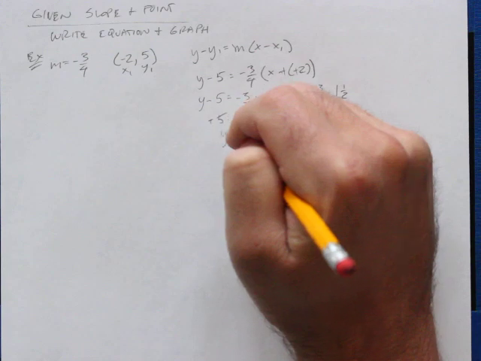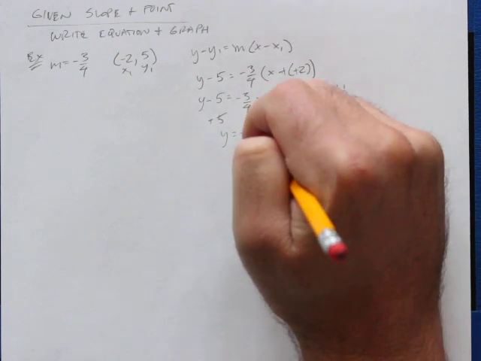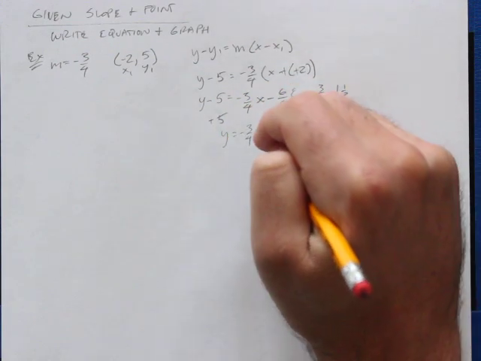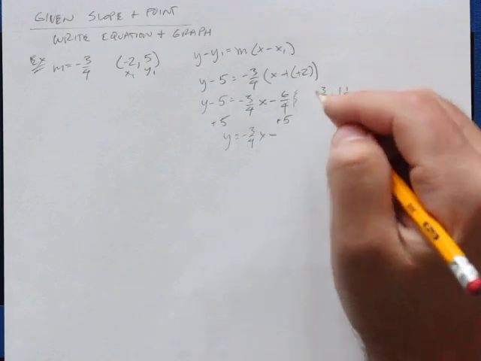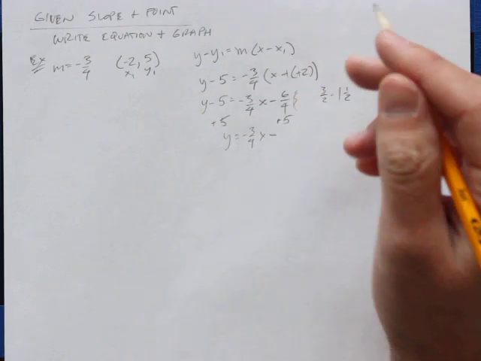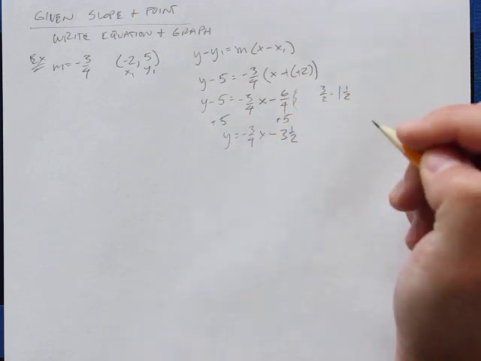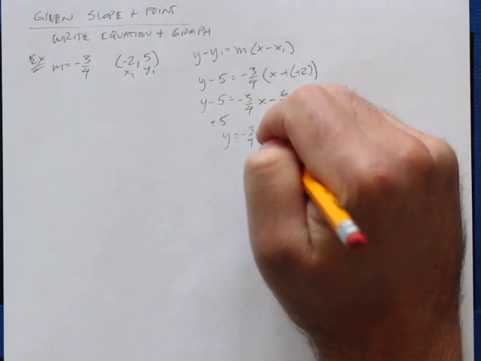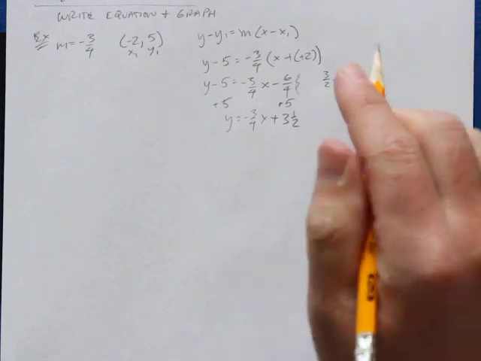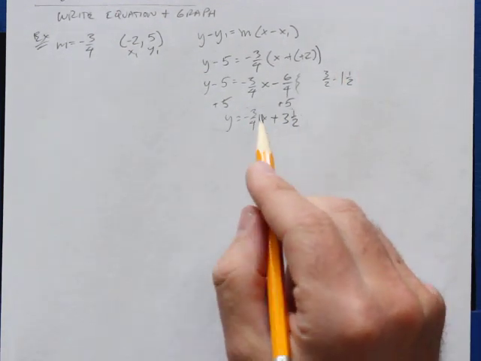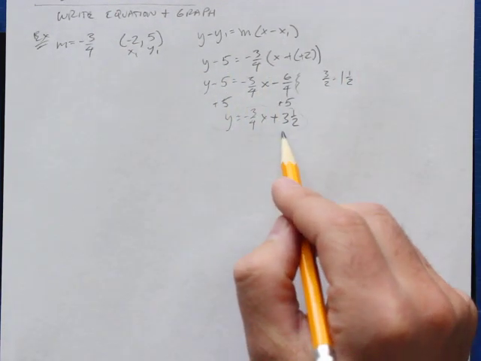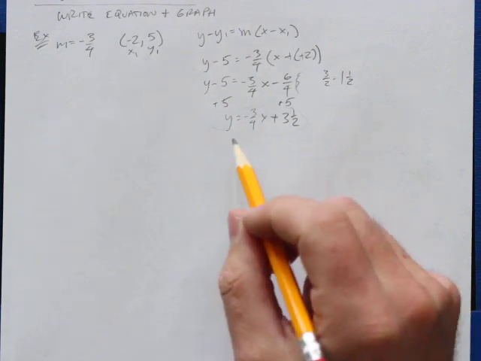So y equals -3/4 x minus, so I've got a -1.5 plus 5, which is 3.5. So that's one way to do this here. I have my equation written, and then we're going to graph it.